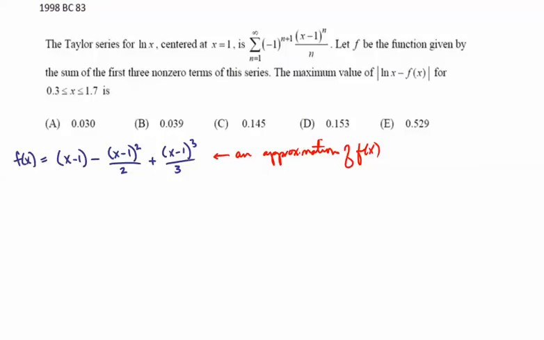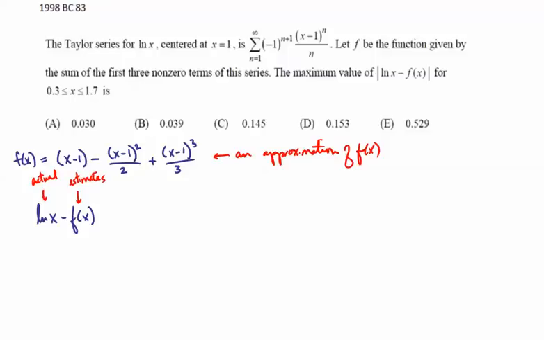Now, the next thing that we're asked is the maximum value of the absolute value of ln of x minus f of x. Well, ln of x minus f of x is just the difference between the actual function values and the estimates of the function values.